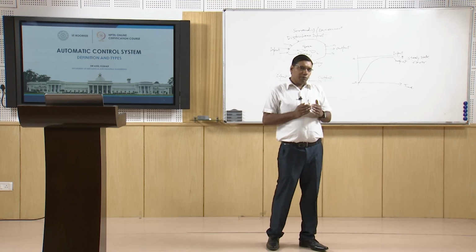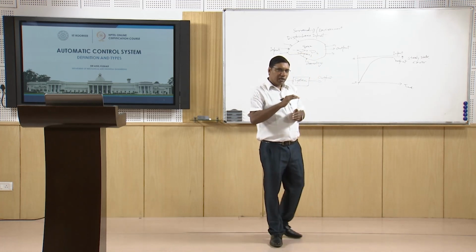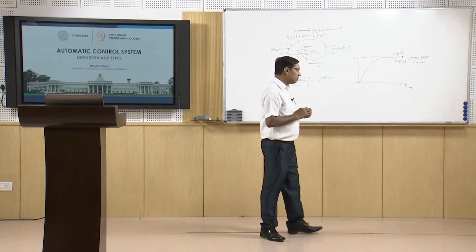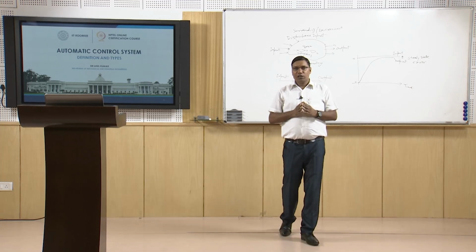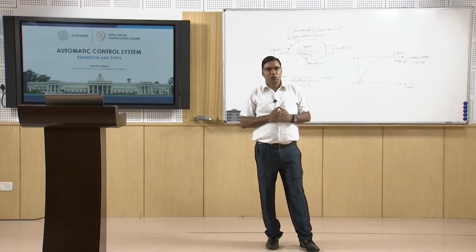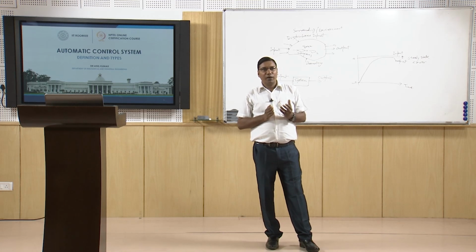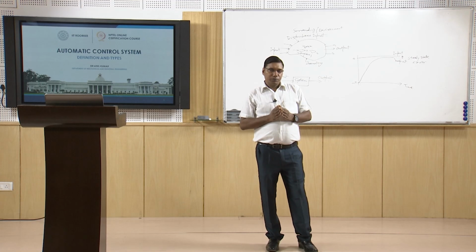Suppose this transient response is very slow, meaning it takes much time to reach the steady state response. So it means you have to wait for a long time, and the people have to be more patient, so more waiting time.